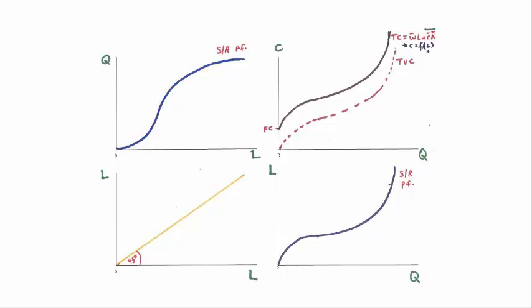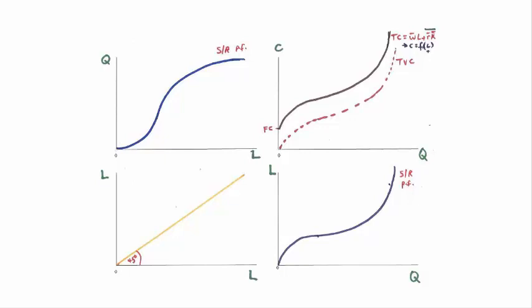So we're going to take the L axis and scale it up by the magnitude of W. So if W is 1, effectively we have the same function. If W is 5, again the vertical axis will be 5 times. So we're multiplying the quantity of labor by the wage rate. That is how we're coming up with the vertical axis.